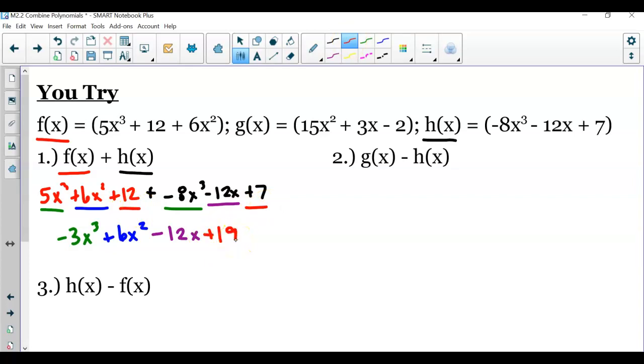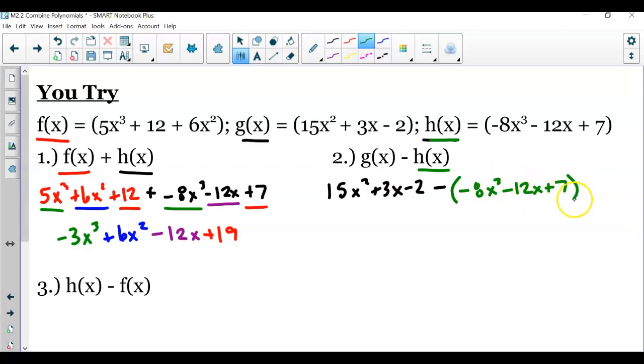Now, number 2, you are subtracting. So we are subtracting g of x, which here is 15x squared plus 3x minus 2. Then minus h of x, which here again is negative 8x cubed minus 12x plus 7.